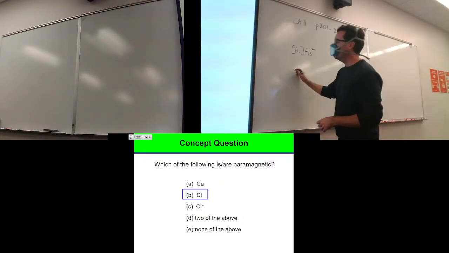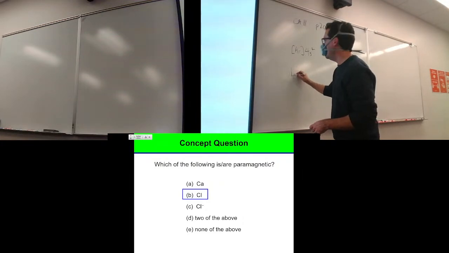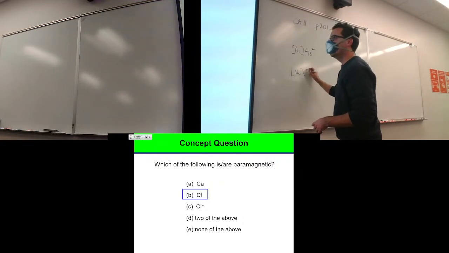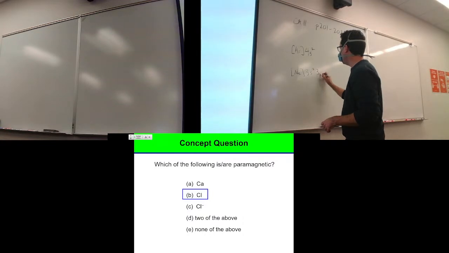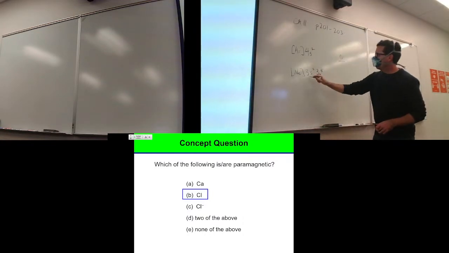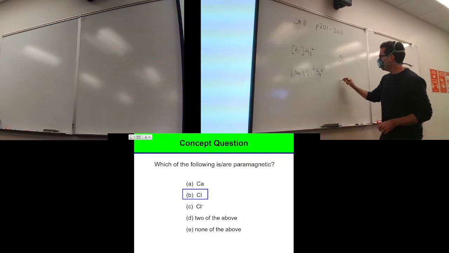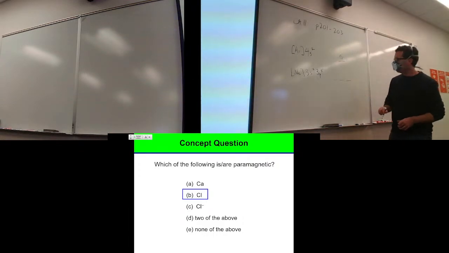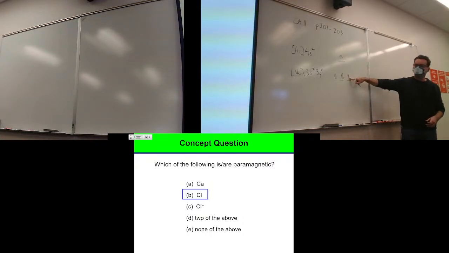The chlorine is neon, then 3s2, 3p5. So that is paired up, but this, 1, 2, 3 p orbitals, 1, 2, 3, 4, and 5. There's one unpaired electron there. So the chlorine is paramagnetic.